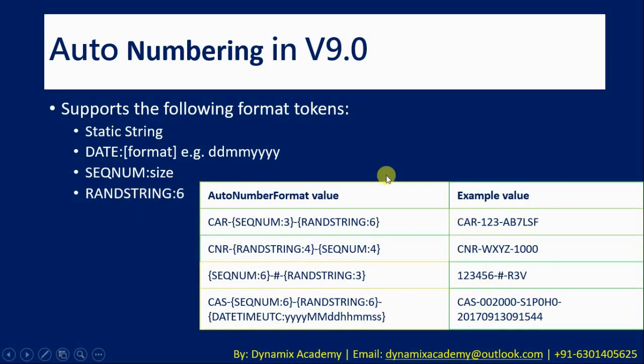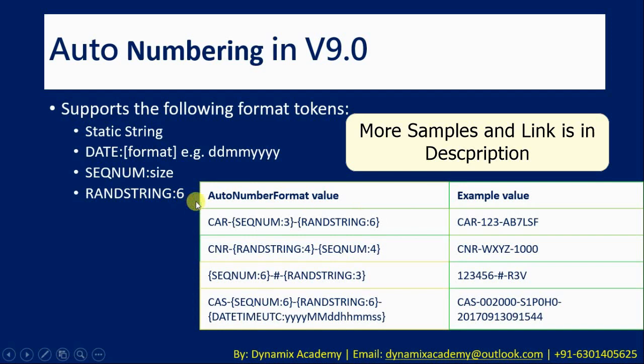In this table you can see the different auto number formats and an example value of each. Here you first define a static string, which is car, then hyphen, then a sequential number of 3 digits.